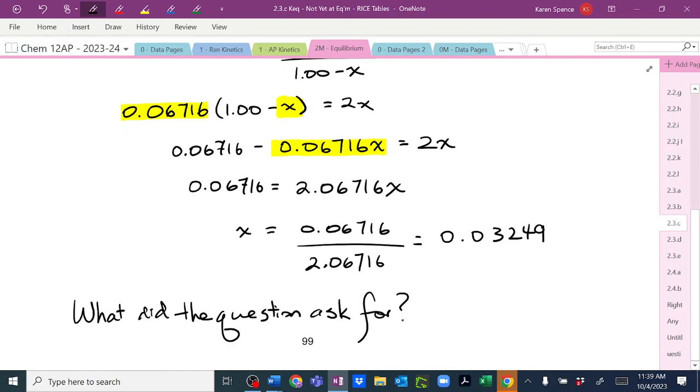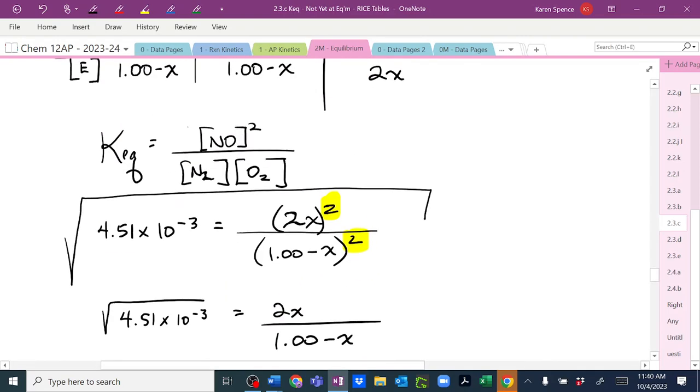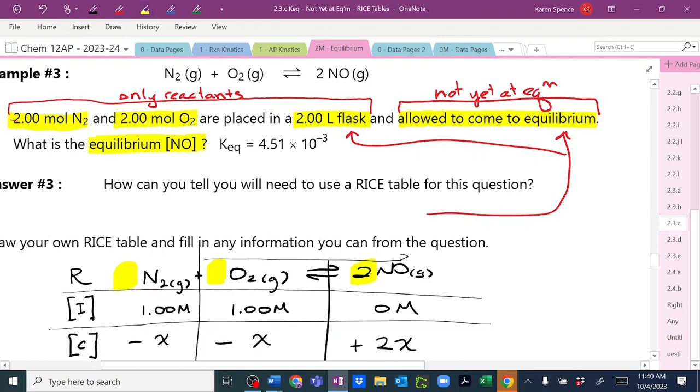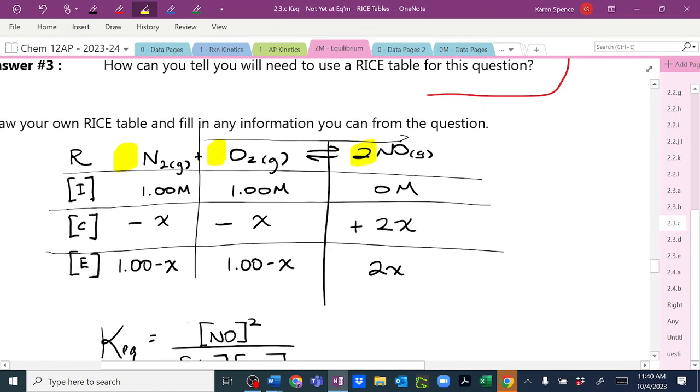What did the question ask for? I'm like, oh, I got x. Woohoo! Oh, I guess I better go back and see what it asked me for. It asked me for the equilibrium NO. And if I look at the equilibrium NO, that is 2x.